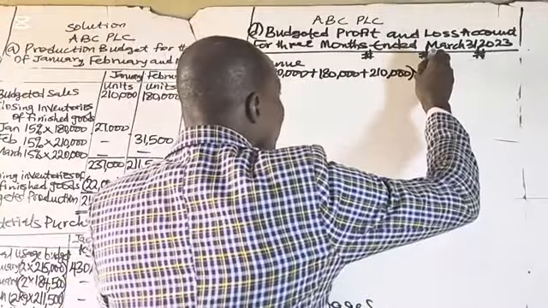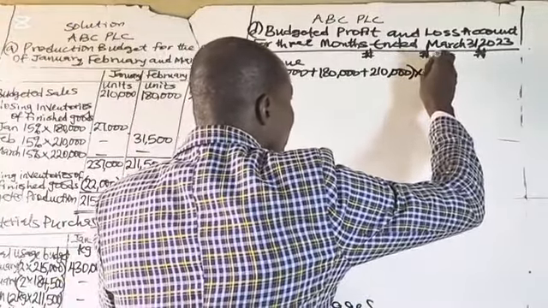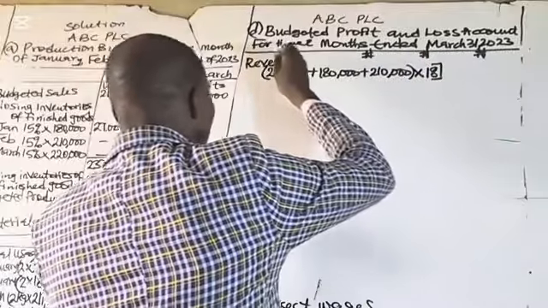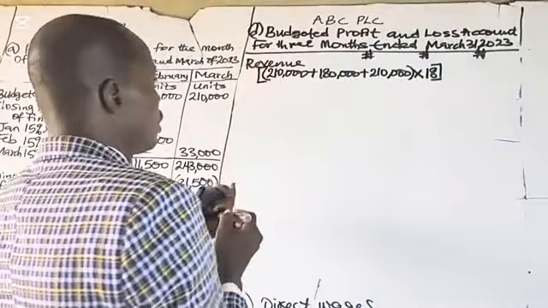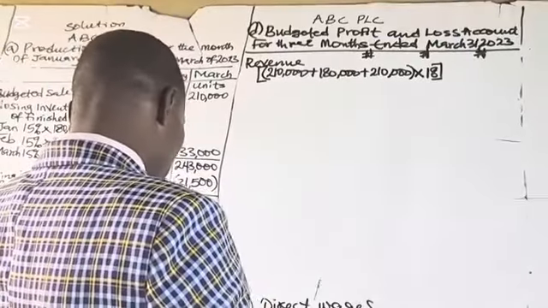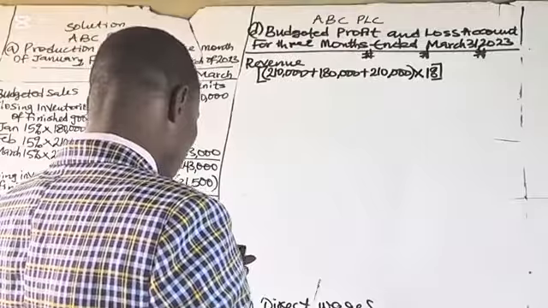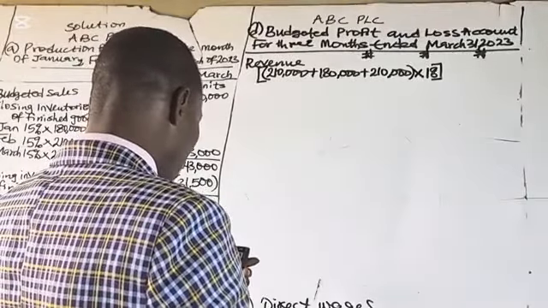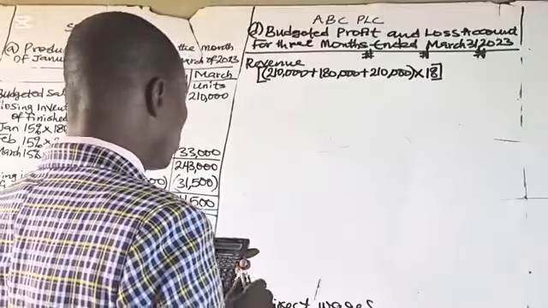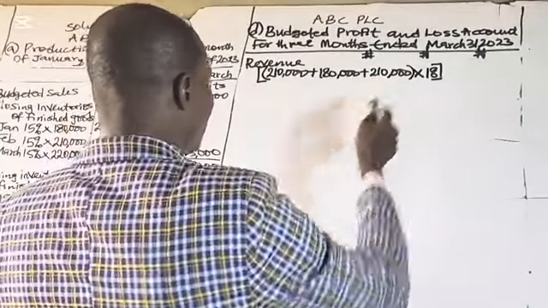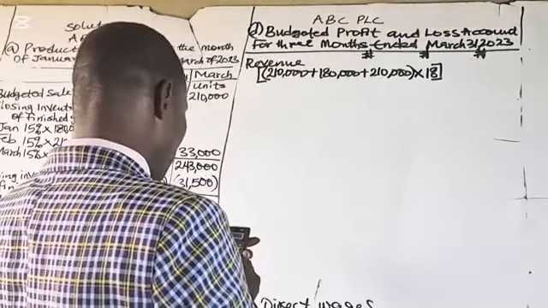So we have 18 naira as the selling price. So we have 210,000 units plus 180,000 plus 210,000 units. The sales unit is 600,000 times selling price of 18 naira.